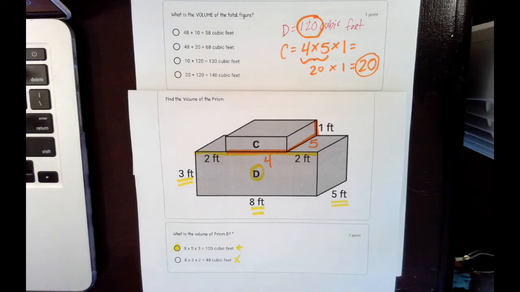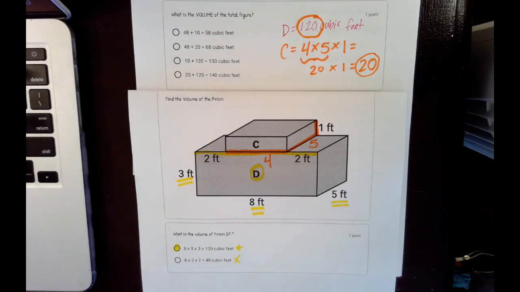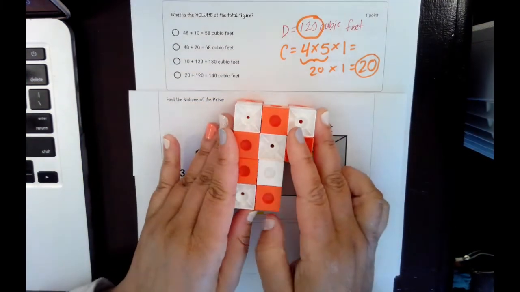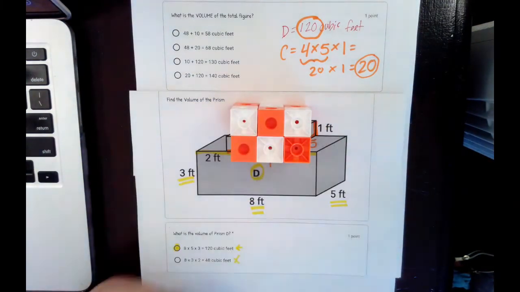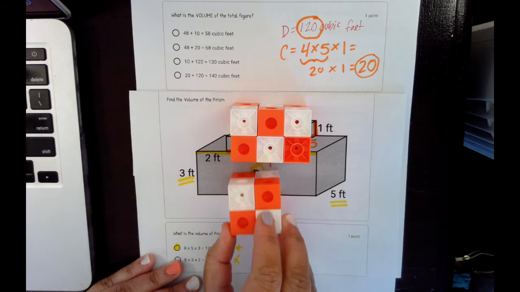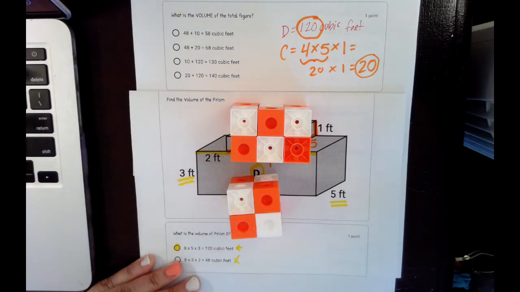Now, remember, when we have a composite figure, we're taking two separate figures and squishing them together to make one. So like I used my example with the blocks, let's say one of these is 12, and then the volume of this cube is 8.